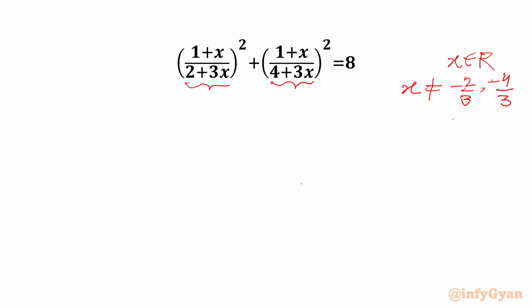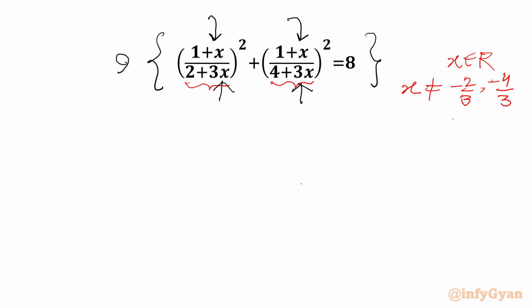Now we are going to multiply our equation by 9 both sides. We have 3x in the denominators, so we are going to write 3x in the numerators also. So for that we need to multiply by 9 to our equation.